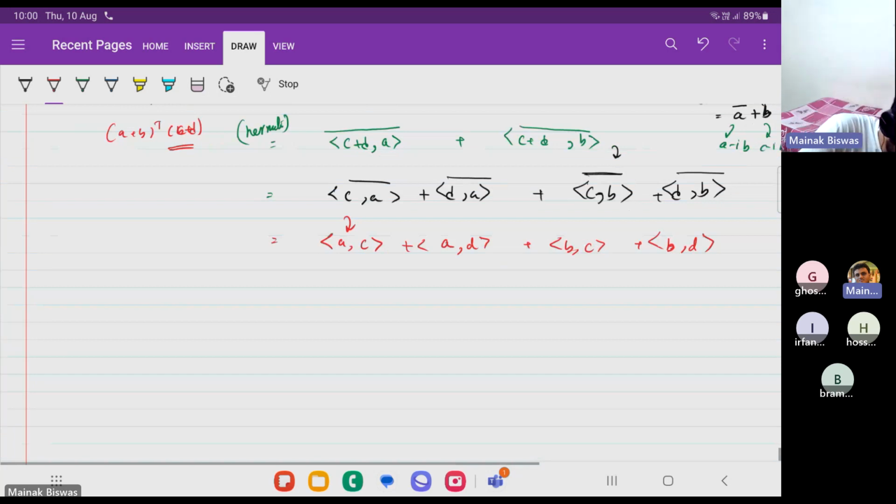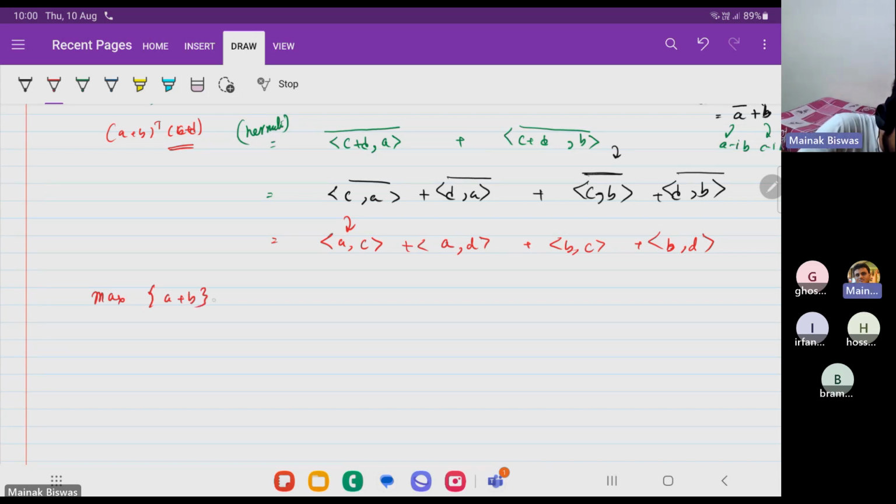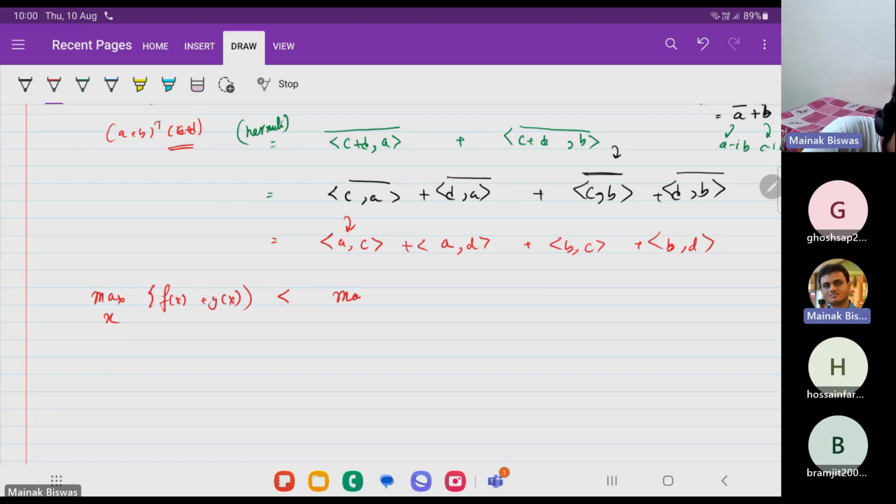So how to prove that max of f(x) plus g(x) over x is less than or equal to max over x of f(x) plus max over x of g(x)? Is it intuitively clear?